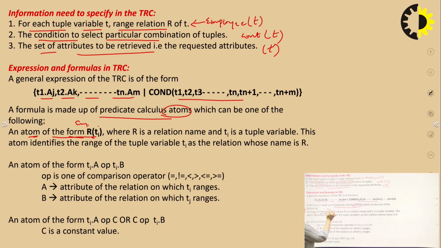That means the employee table with the attribute, where R is a relation name, that means your table name, and Ti is a tuple variable.